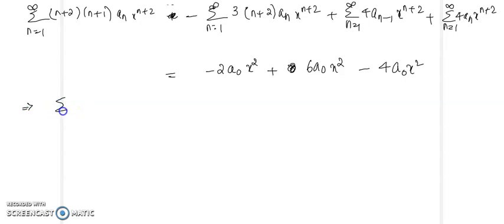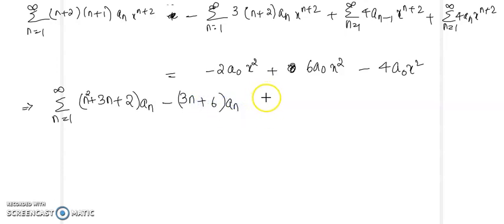Therefore you can combine all the terms. n plus 2 into n plus 1 is n square plus 3n plus 2 an, minus 3n plus 6 an, plus 4 an minus 1, plus 4 an, equal to 0 times x raised to n plus 2.